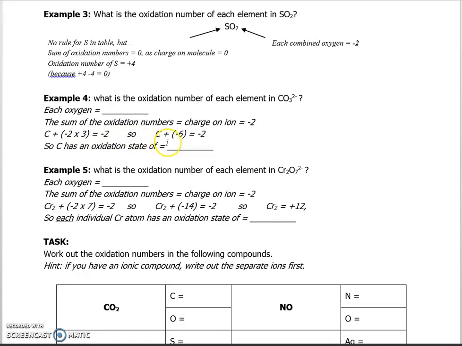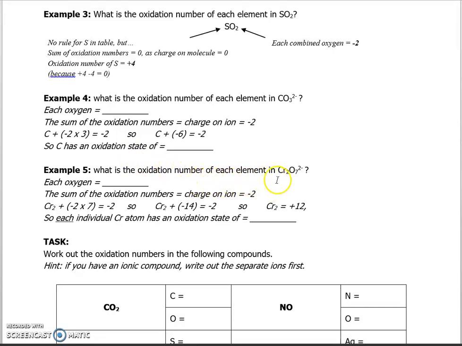So the alternative way to think of that is carbon plus -6 equals -2. Add 6 to both sides. Carbon has an oxidation state of +4. Just a quick word that the terms oxidation state and oxidation number are interchangeable. They mean exactly the same thing.